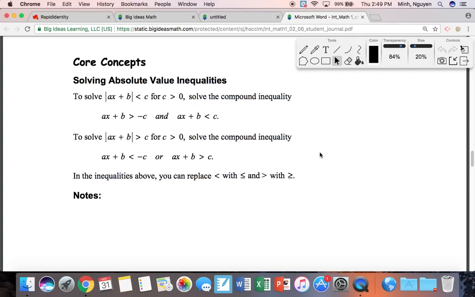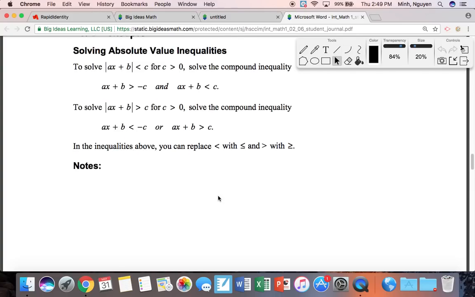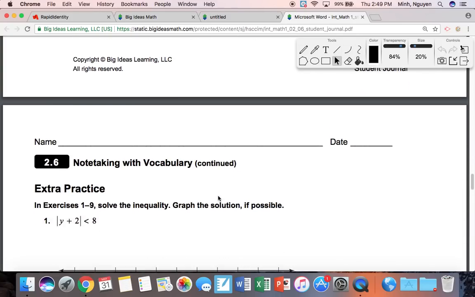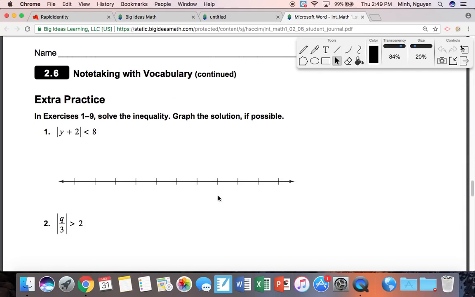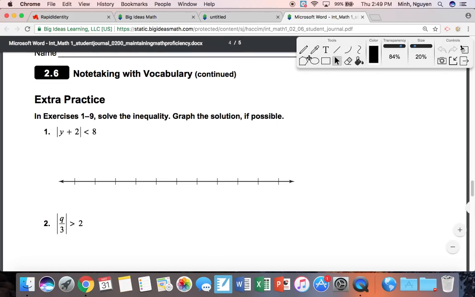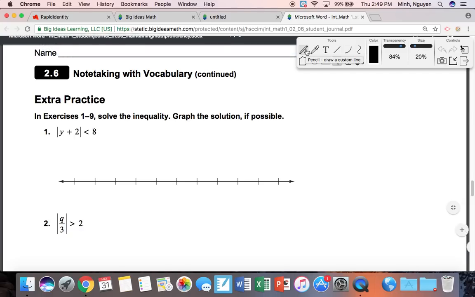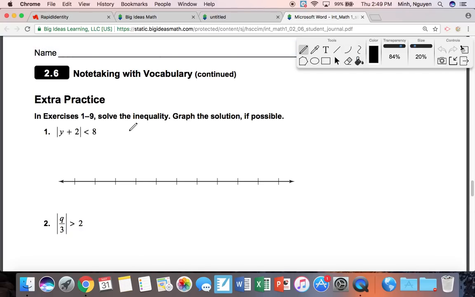An absolute value expression will never come out to be negative, so then you would just say no solutions. Very simple. On the other hand, if it's asking you for something positive, then you could just go all solutions. So here we have y plus 2 is less than 8. So we're going to go ahead and say y plus 2 is less than 8.